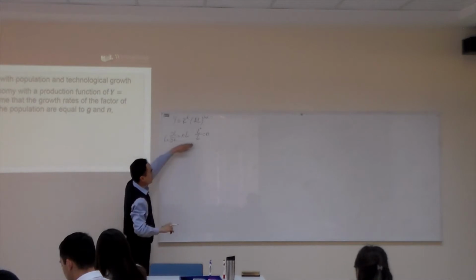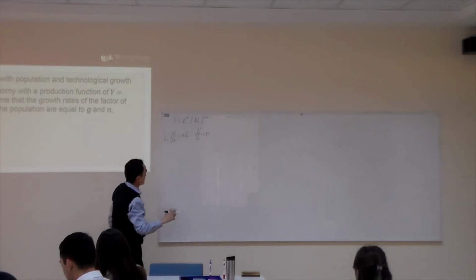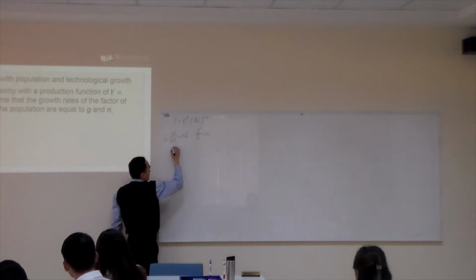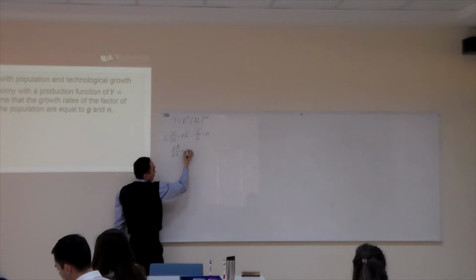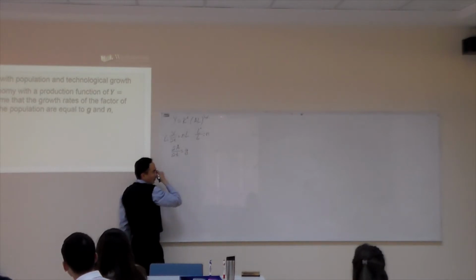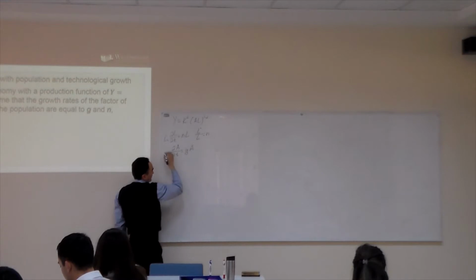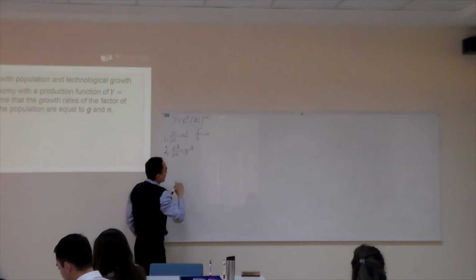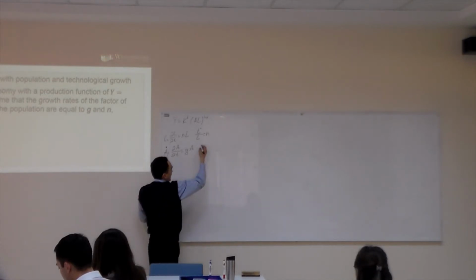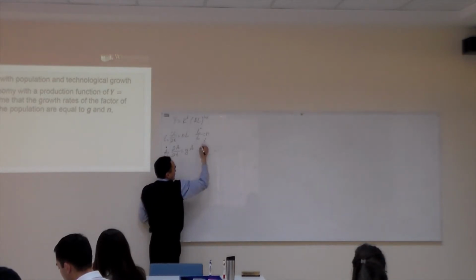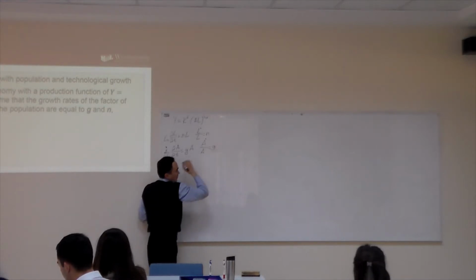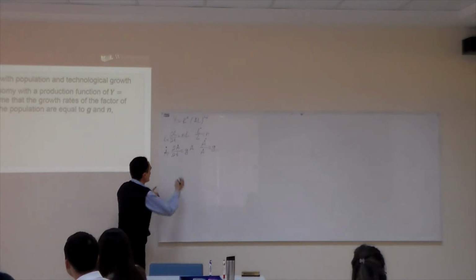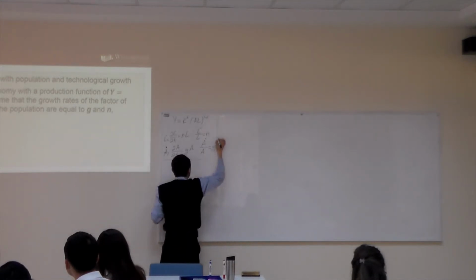And now it's not the only thing that's growing. Now we have another factor, which is technology growing, right? So change in technology with respect to time is now equal to the growth rate of technology, let's mark it with g, times technology. Okay? Change in technology. In order to find the growth rate itself, we have to divide change in technology by technology itself, which is going to give us the growth rate of technology. Okay? This is what we have.